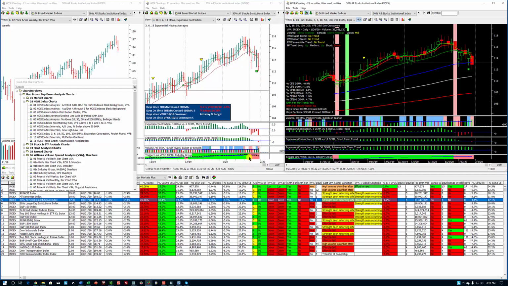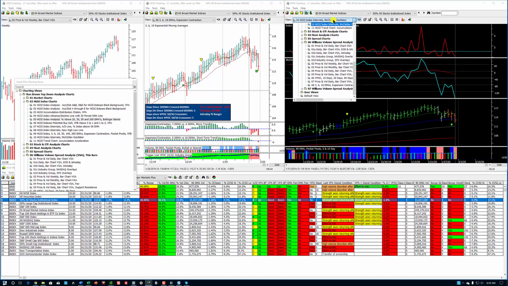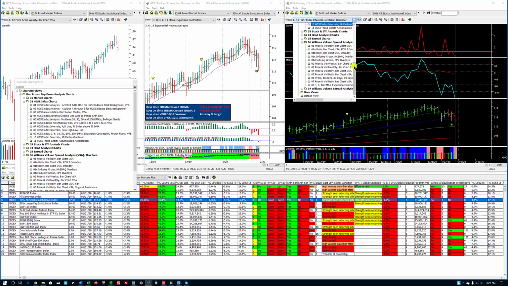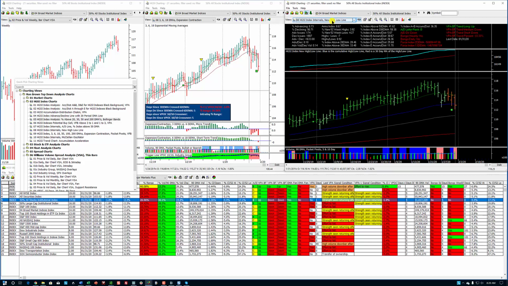It corresponds to this view right over here. This is the McClellan Oscillator. I think I missed a chart here. Oh, maybe not. Anyway, down day, 3 crossed the 6.